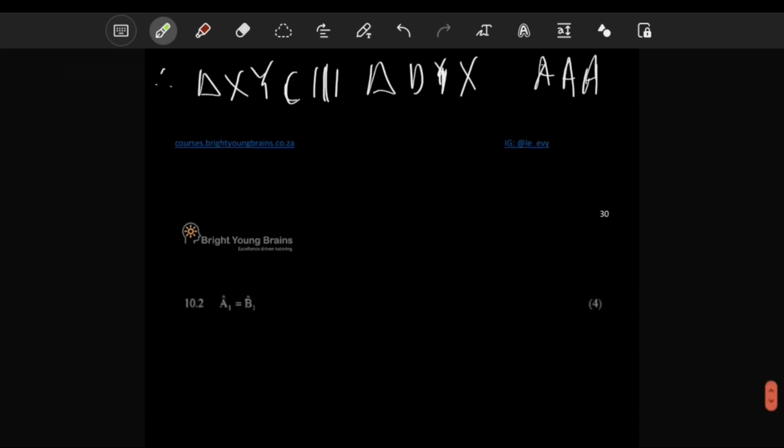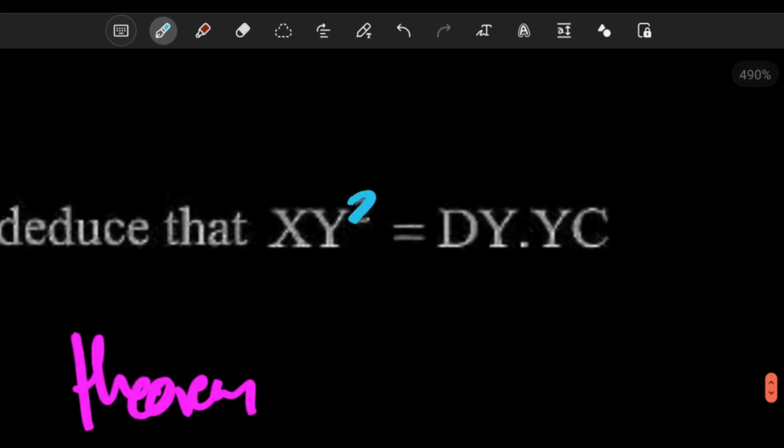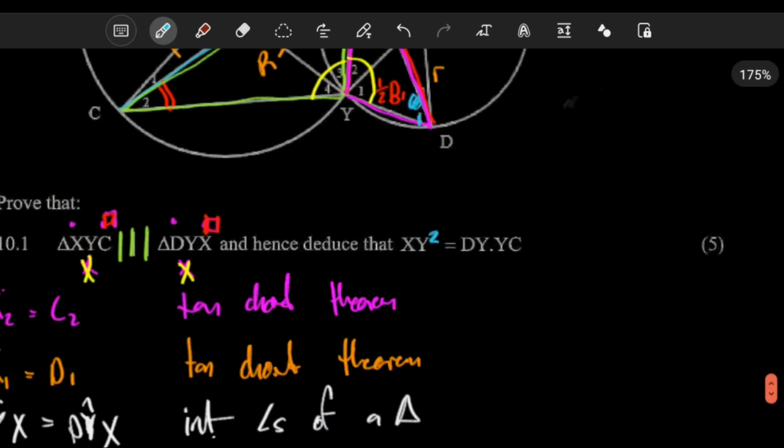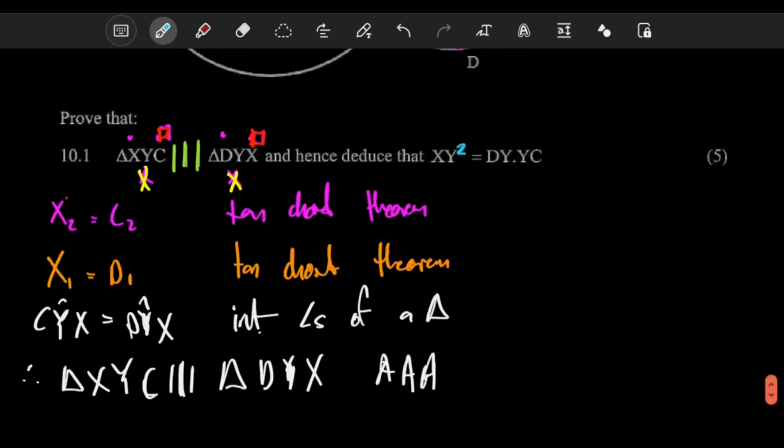Well done. Yeah, for this question, clearly I did not finish because they want us to then deduce this expression. So we have proven that those two triangles are similar to each other. That's mainly the heavy lifting. If you have done that, the rest is not going to be an issue at all. You just need to brace yourself.